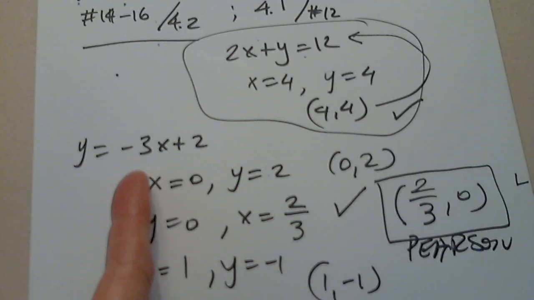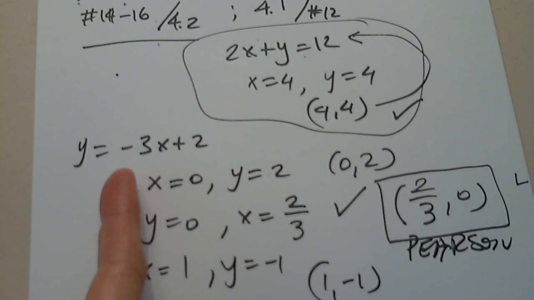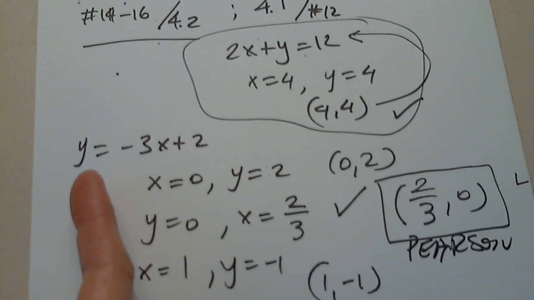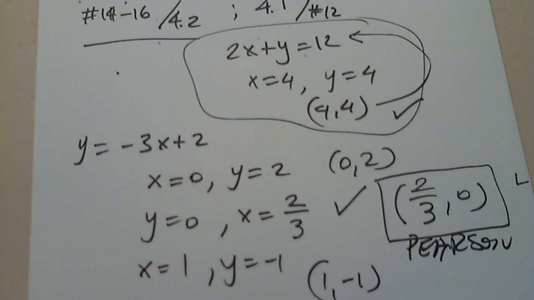Can anyone give us the slope of this line? Please, anyone? Will anyone identify the slope of this line for us?